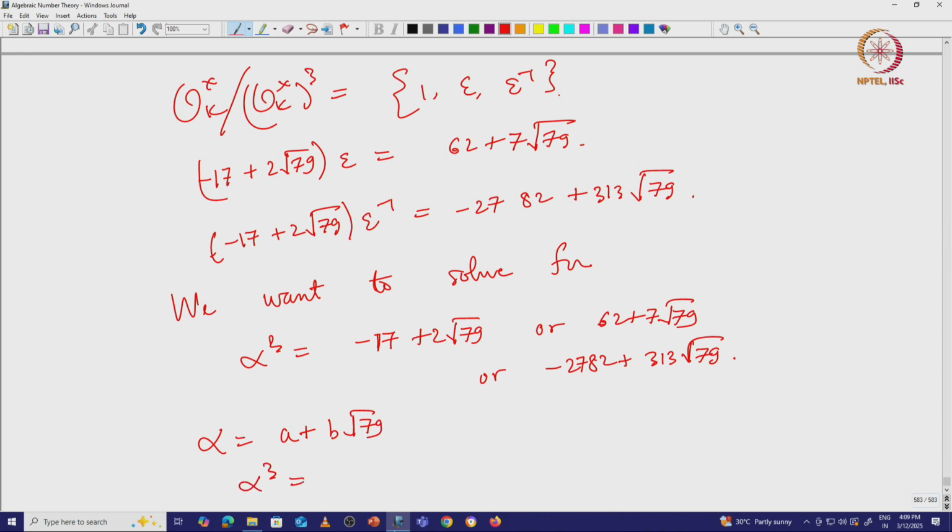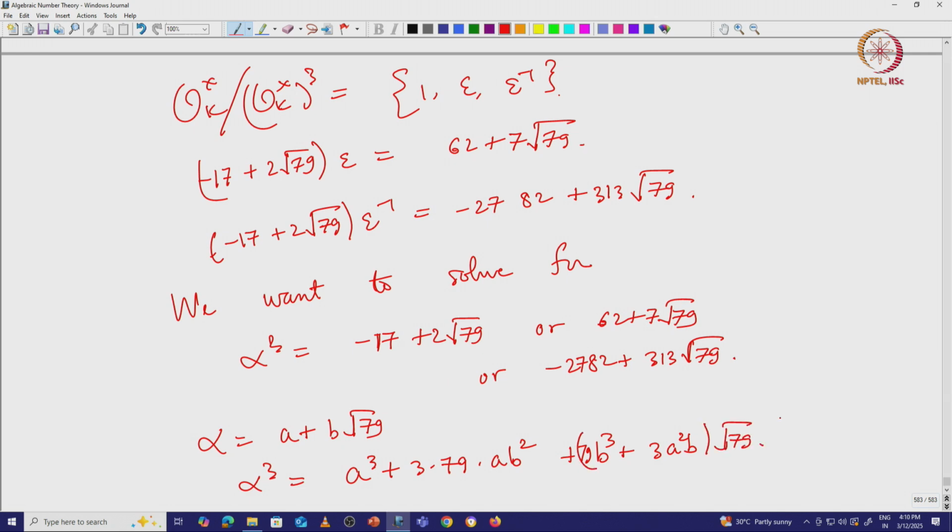So, alpha cubed is a cubed plus 3 times 79 times a b squared, plus 79 b cubed plus 3 a squared b times square root of 79.